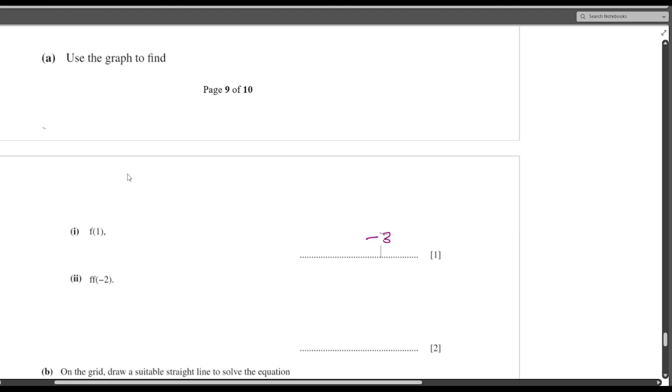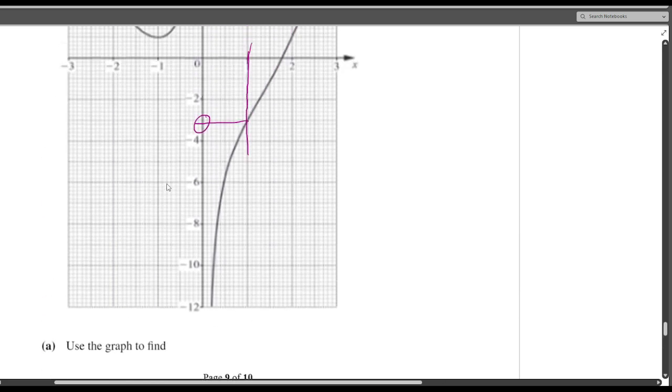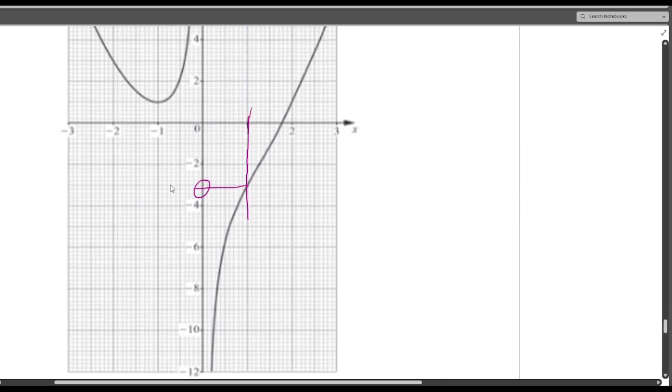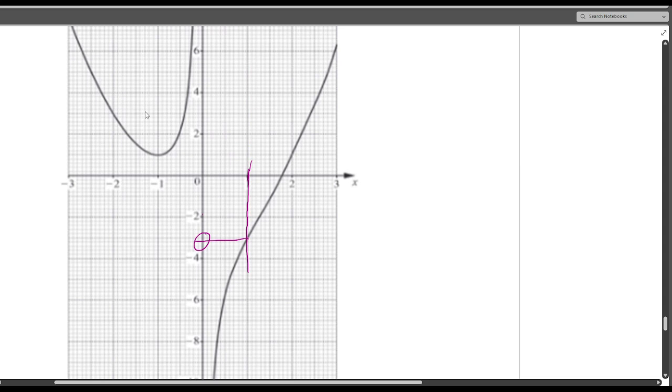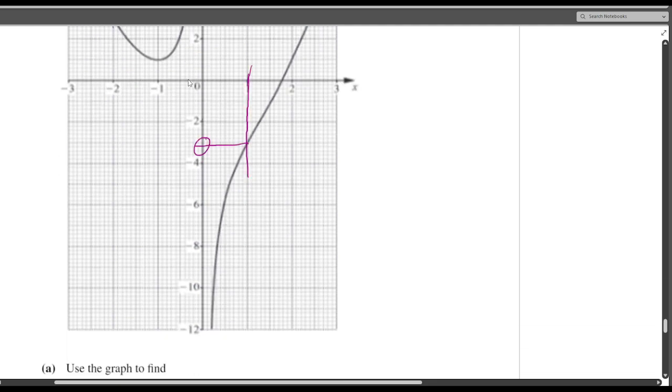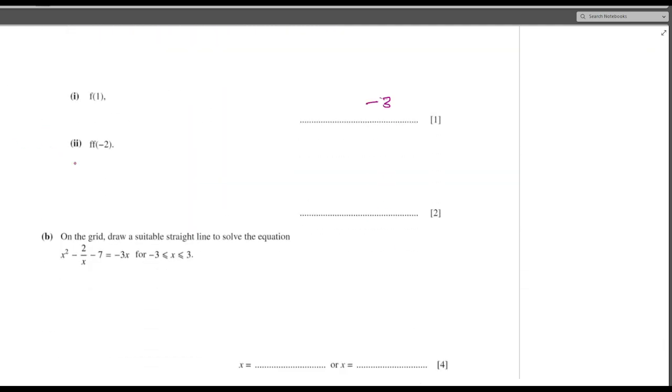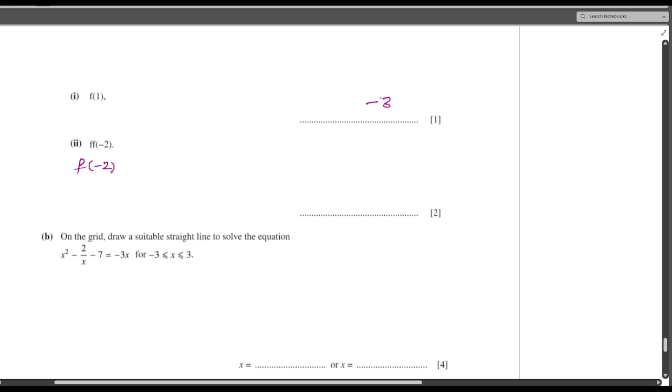Then f of minus 2. So better first find out f of minus 2. Now f of minus 2 is this value, and this value is 3. So f of minus 2 is 3, and therefore f of f of minus 2 will be f of 3, and f of 3 I have to see.